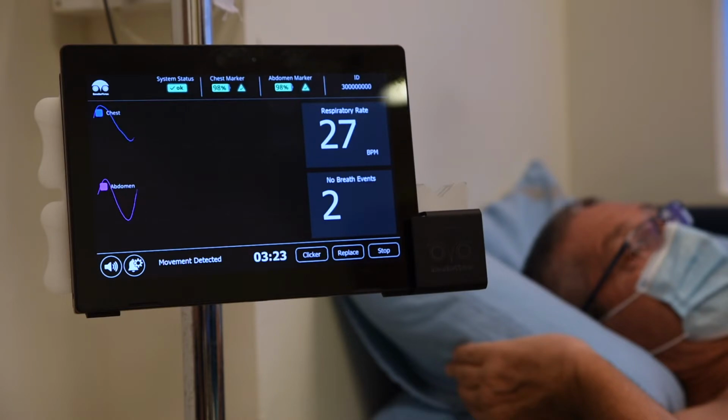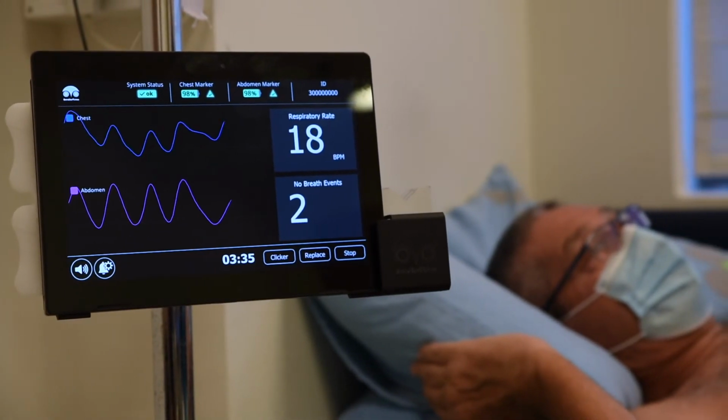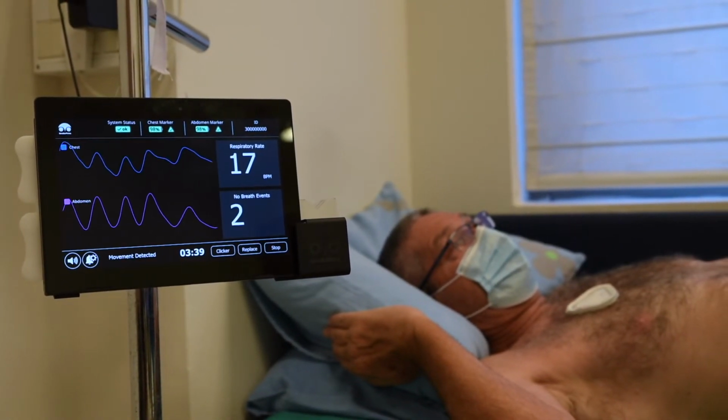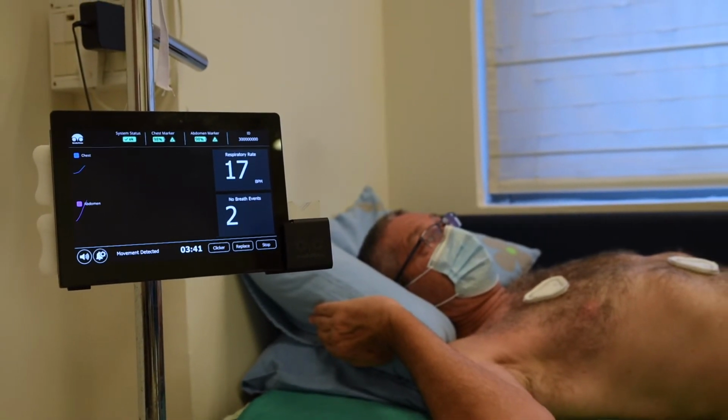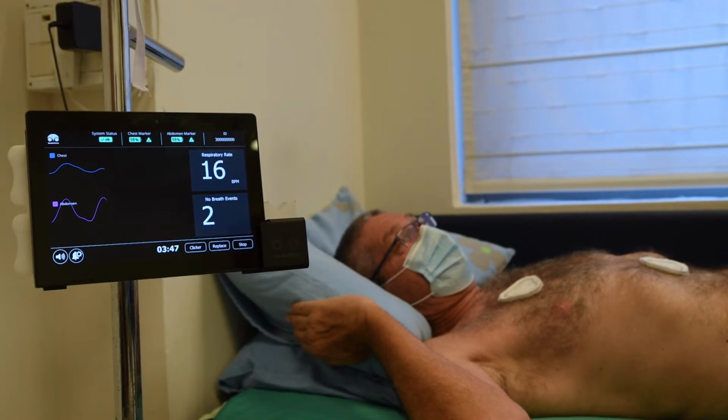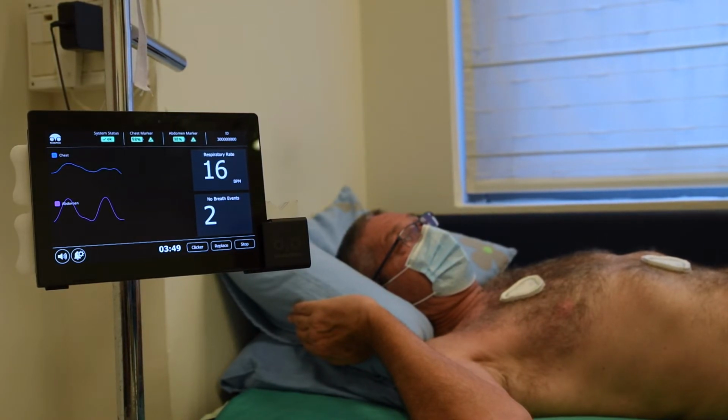Now we'll ask our patient to breathe, but to try and breathe as slowly as possible that he can. And so we'll watch how the breathing rate goes down and the respiratory rate numbers go down. Just breathe slowly, please.